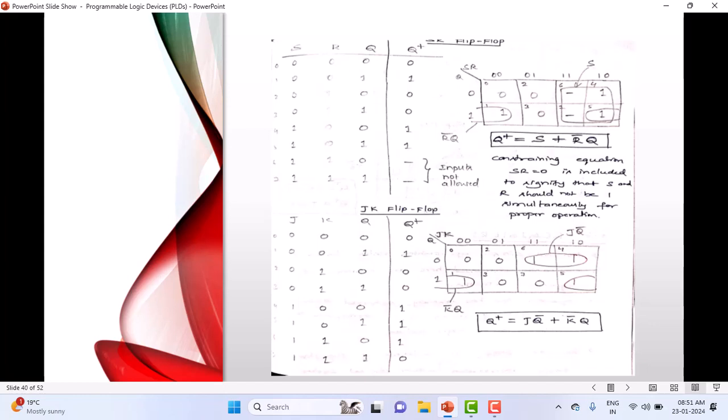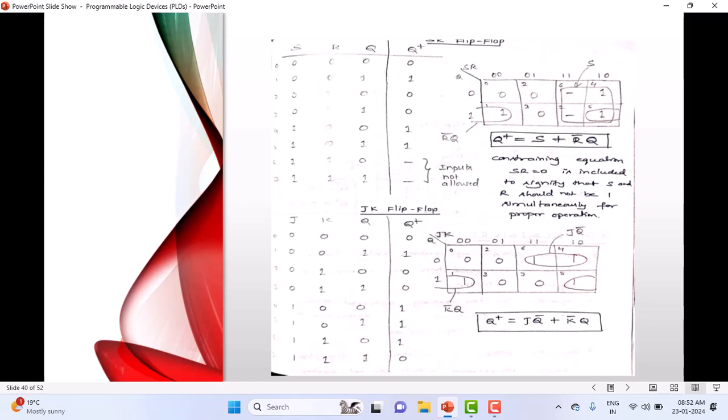This gives you the single variable S. And the pair, cell numbers 1 and 5, gives you R bar Q. From 1 and 5, Q remains constant row-wise, and column-wise from 0 to 1, S cancels, and you're left with R bar. Therefore it is R bar Q.